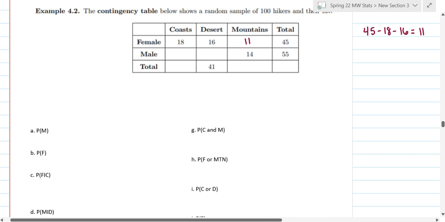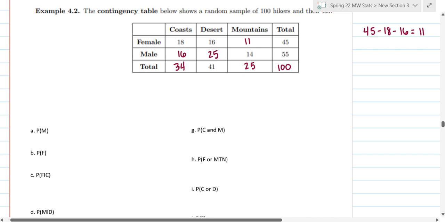Then 11 plus 14 down here would be 25 for the total. And 45 plus 55 should be 100, which means we can fill this in because it would be 100 minus 25 minus 41, which gives us 34. Which means I can fill this part in, 16, 34 minus 18, and also here 41 minus 16, 25. So those are your missing values.